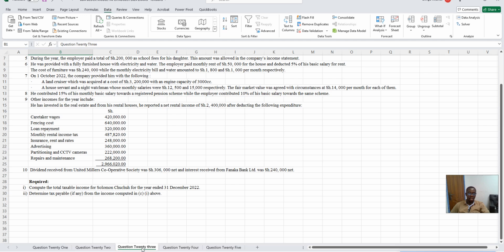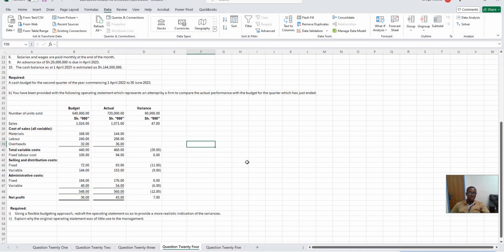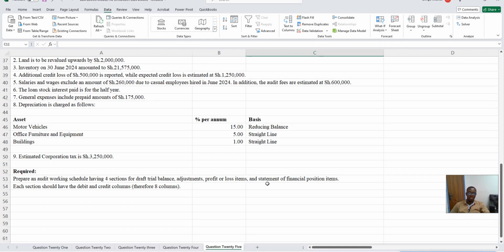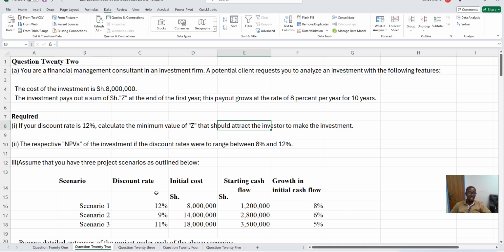Question number 23 will cover taxation. Question 24 is about management accounting, whereas 25 is all about auditing and assurance. So looking at this, let us go straight to question number 22.